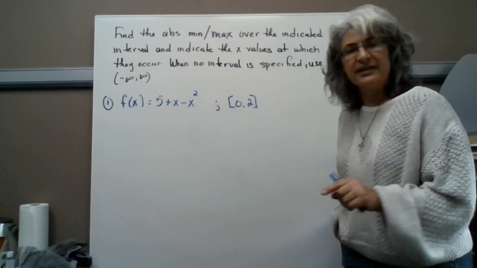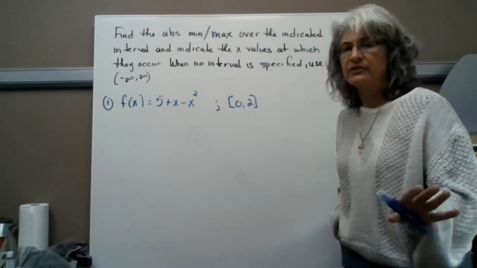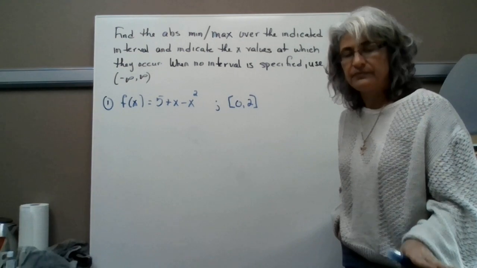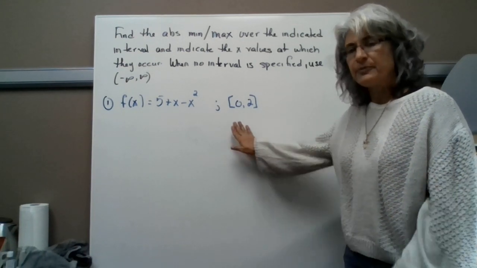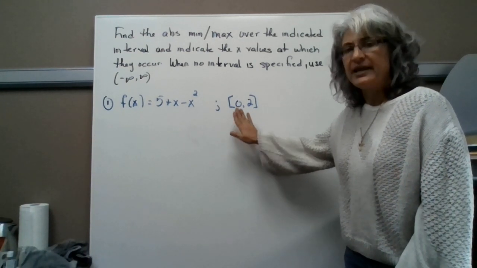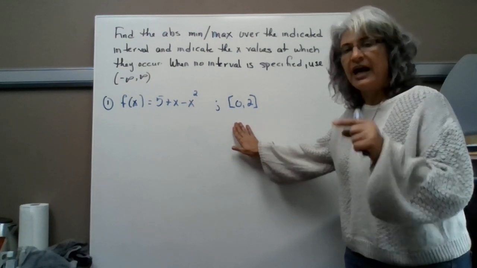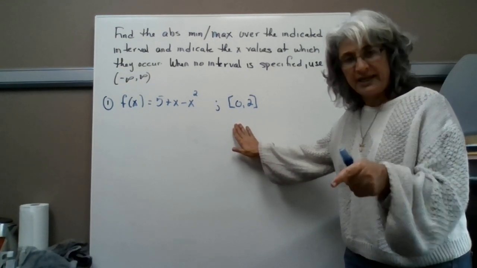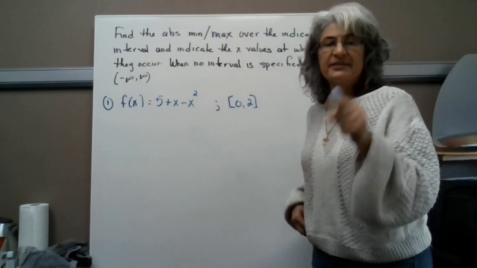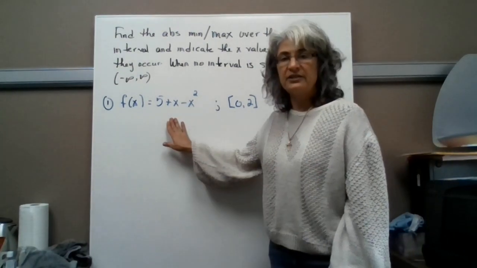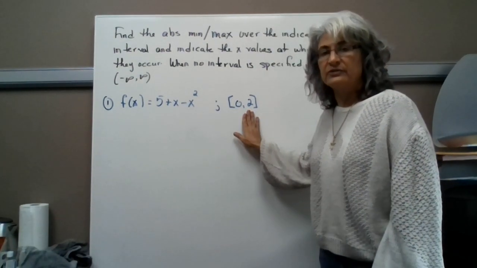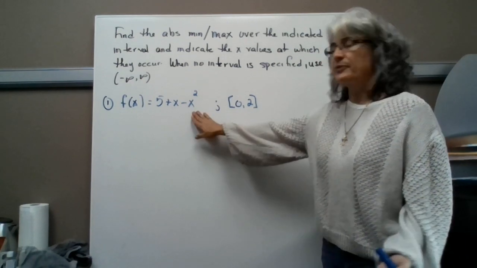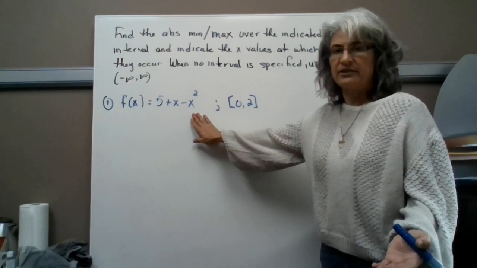Theorem 9 doesn't say anything about a closed interval. So, in this problem, they gave me a closed interval, which means I'm going to work with Theorem 8. And Theorem 8 says that this function is continuous over this closed interval. And it is. This is a parabola, so clearly it's continuous.